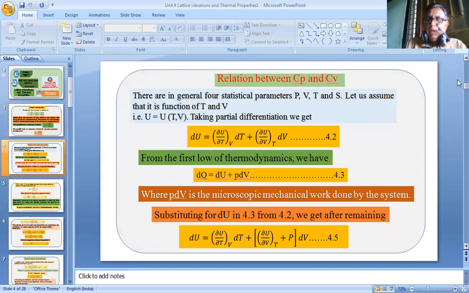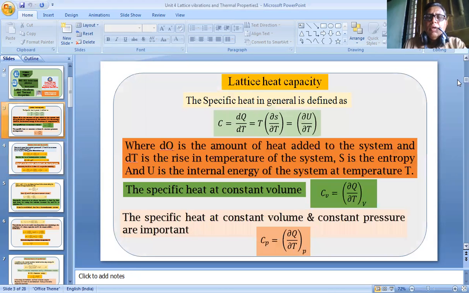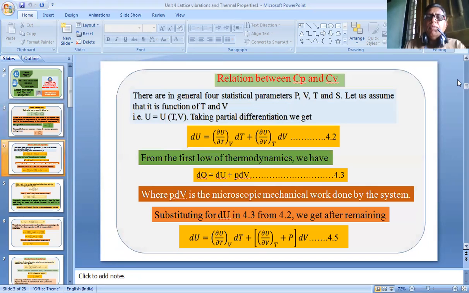So the relation between Cp and Cv, specific heat at constant pressure and constant volume. In general there are four statistical parameters, which are pressure, volume, temperature and entropy.